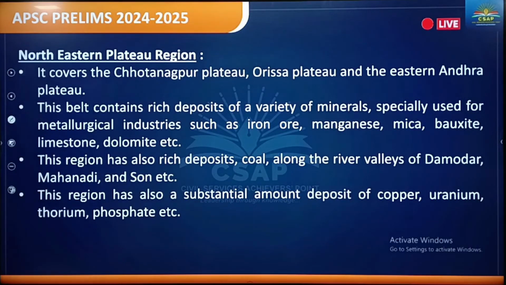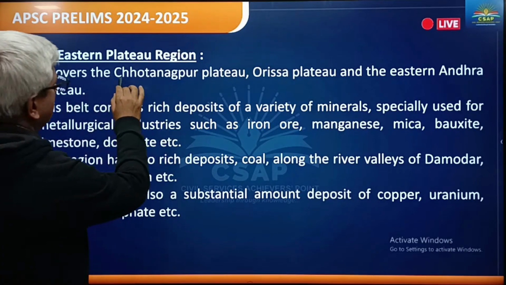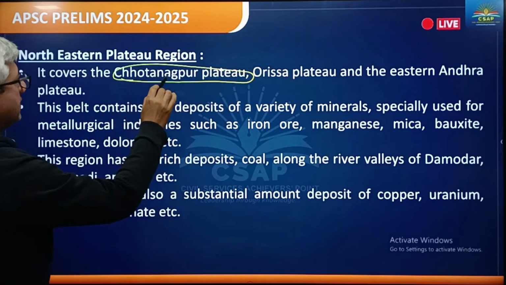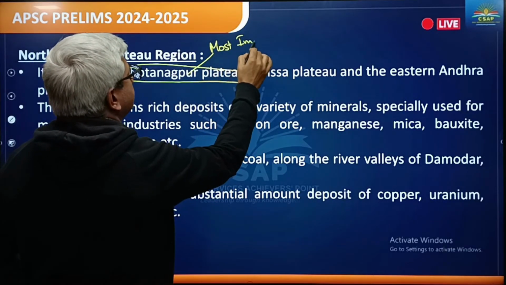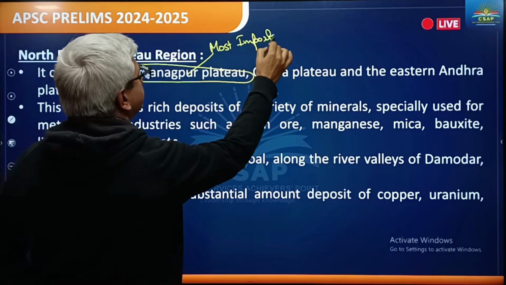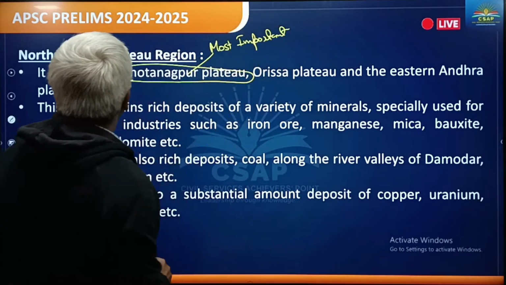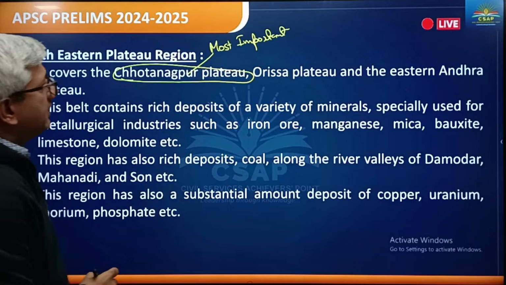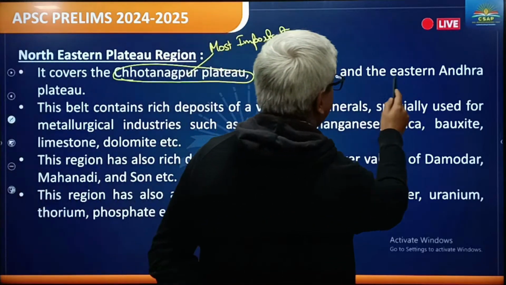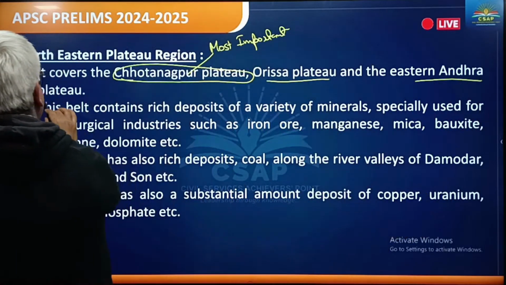The first is the Northeastern Plateau region, which covers the Chota Nagpur Plateau, Orissa Plateau, and the Eastern Andhra Plateau. The Chota Nagpur Plateau is the most important part. Then the Orissa Plateau and the Eastern Andhra Plateau.